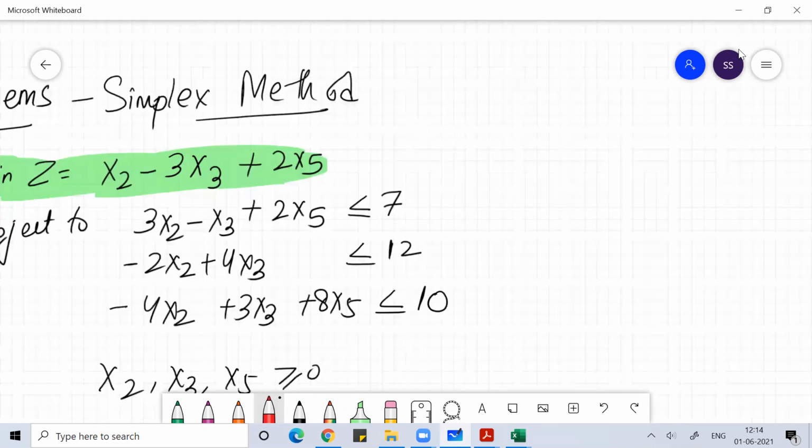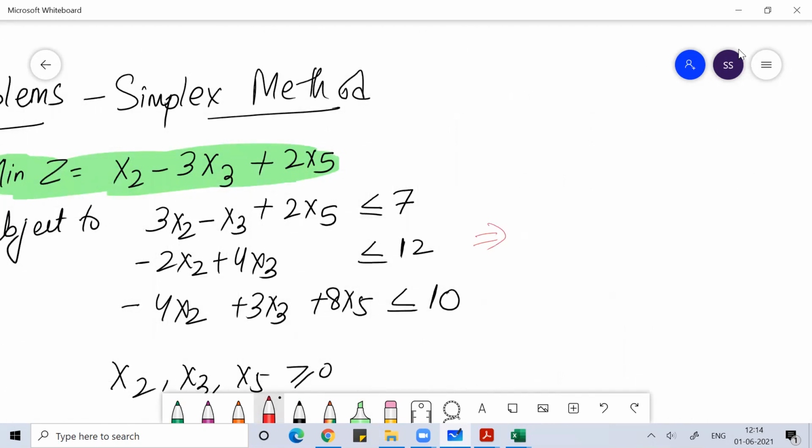Very simple, it's not something very difficult. The same problem you can write as maximize z equals minus x2. You change the sign of coefficient: minus x2 plus 3x3 minus 2x5. So this becomes your objective function.